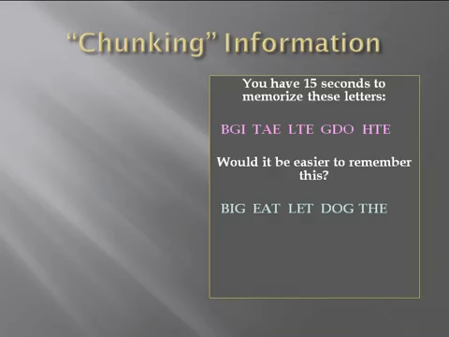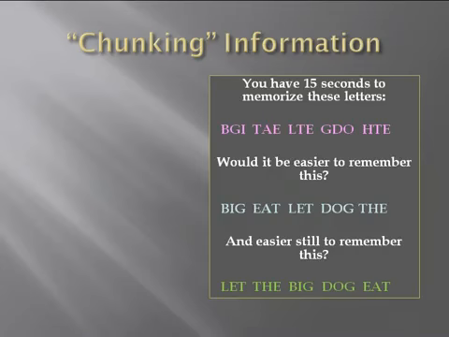Now instead of 15 letters, we have 5 sets of 3 letters, but each 3-letter word is a concept. So we have 5 pieces of information, not 15. Now if we reorder the information again, we come to let the big dog eat.